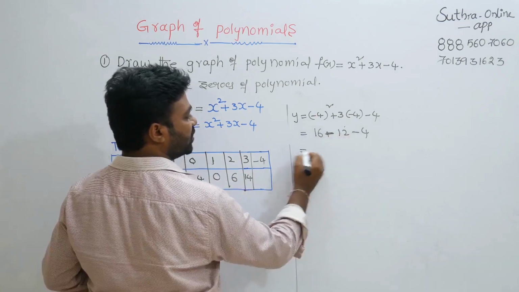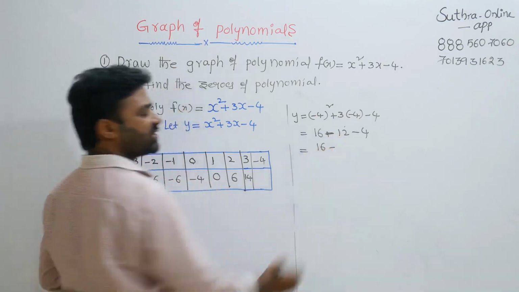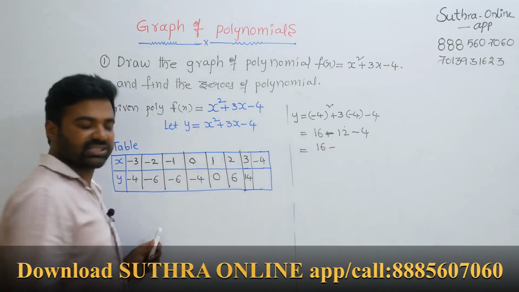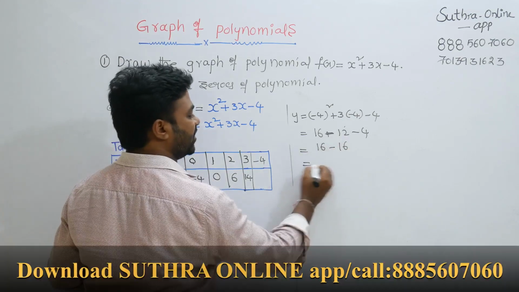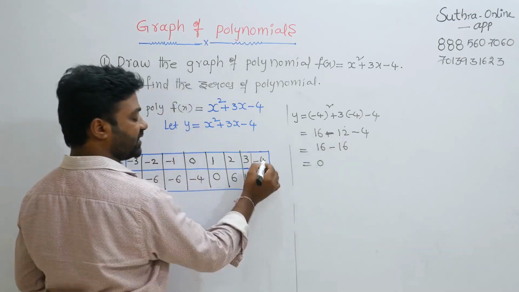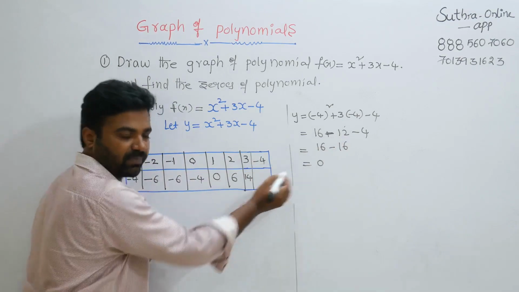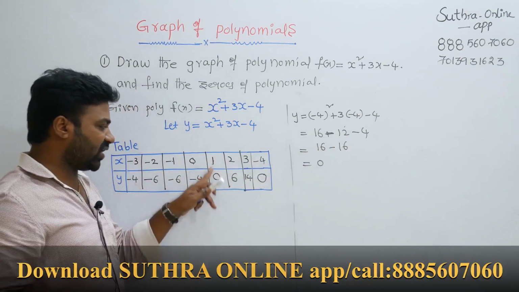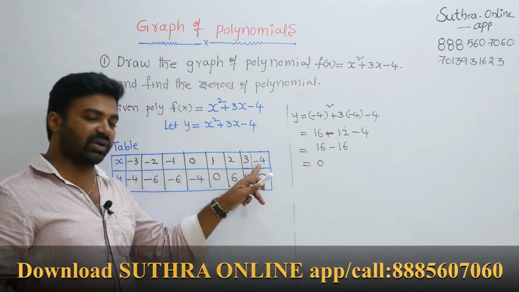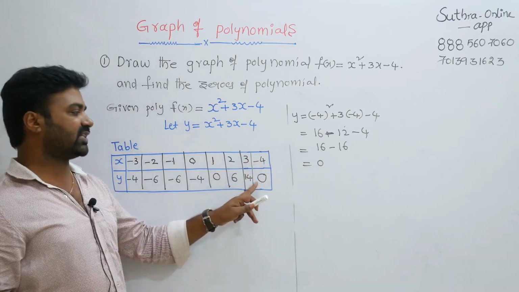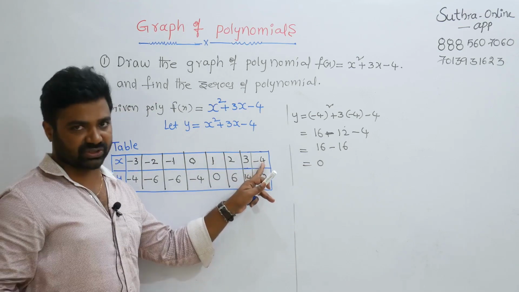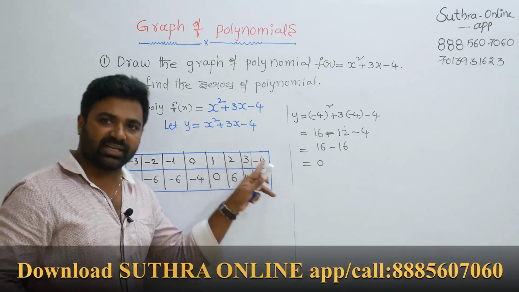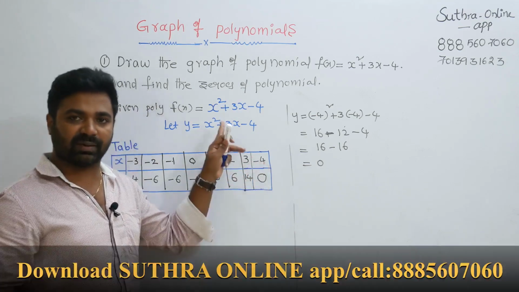Minus 4. So 16 minus 12 minus 4, minus 16. 16 minus 16 is 0. So here x equal minus 4, y equal 0. That's why, see, at x equal 1 y value is 0, at x equal minus 4 y value is 0. So 1 comma minus 4 are the zeros of the polynomial.